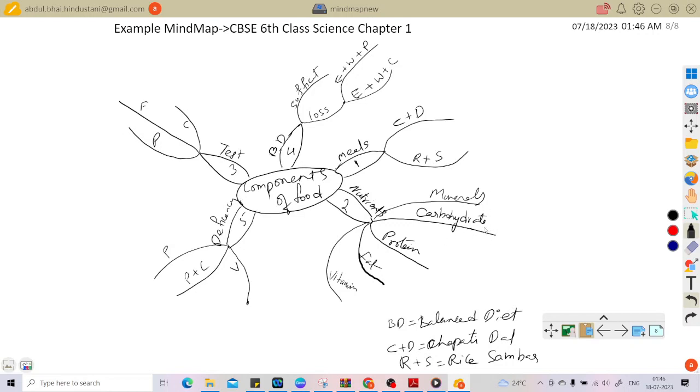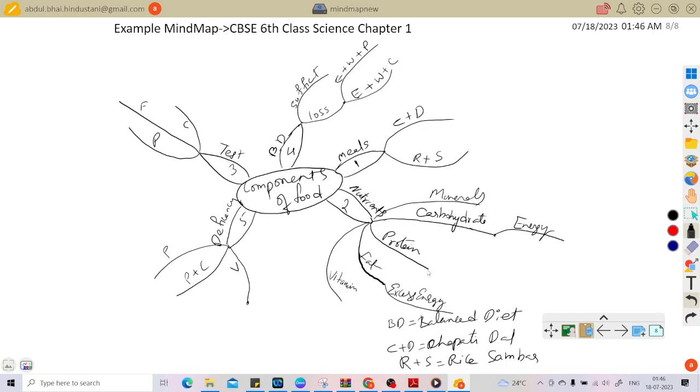So here we have defined the different nutrients, right? What they are going to do, how they will be useful for our body. The carbohydrates are used to give energy, right? And the fat, the same purpose, it gives excess energy. It gives more energy than carbohydrates.